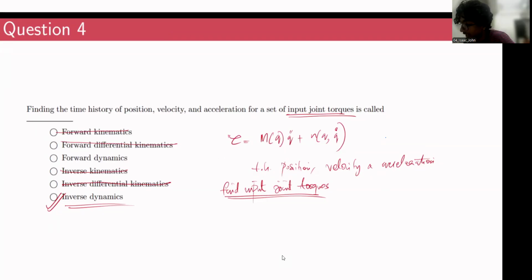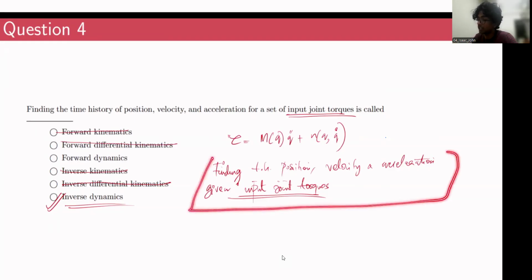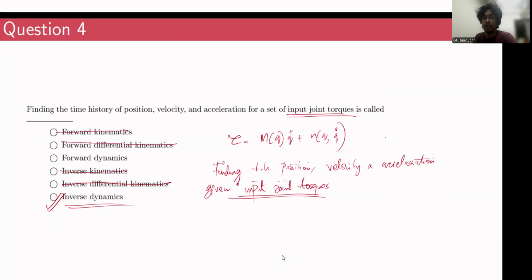So instead of given, it's actually finding the time history of position, velocity, and acceleration given the input torque. So again, from what we have discussed, the logic is correct, but the question actually asked the opposite of what we have discussed earlier.